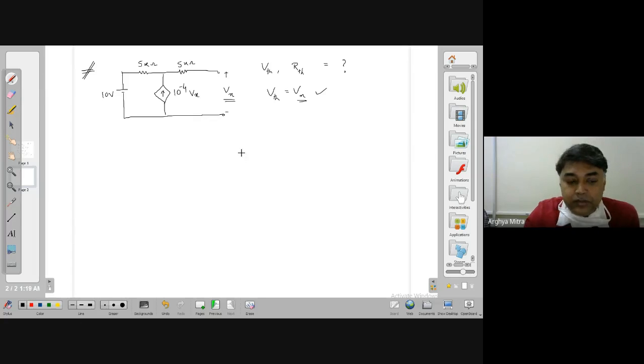So how can you solve it? Again, you see that if it is open circuited, then there is no current flowing through this 5 kilo ohm resistance, right? So the potential at this node is equal to the potential at this node. Then how many branches are connected at this node through which the currents are obviously passing?